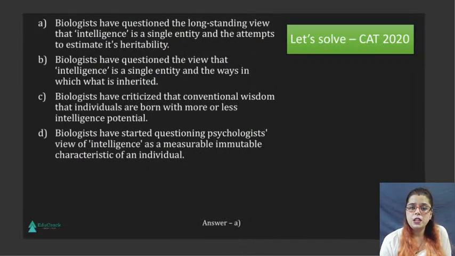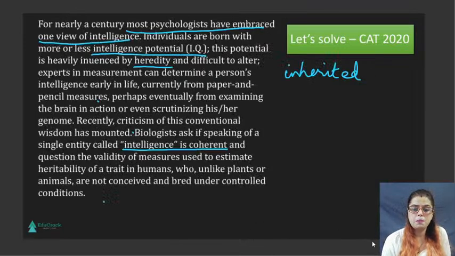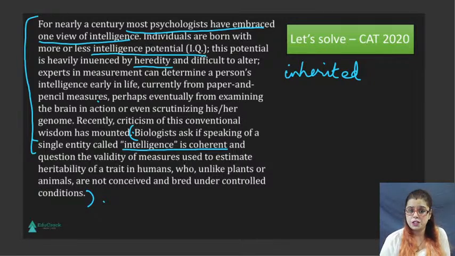Biologists have questioned the long-standing view that intelligence is a single entity and the attempts to estimate its heritability. Now, when we look at this part of the passage, this is exactly what the passage is talking about. Then we look at this part of the passage, and we try to understand what is the need of this. The need for the entire part is to give an introduction, to build the path to come to this point, that this is what was there earlier.